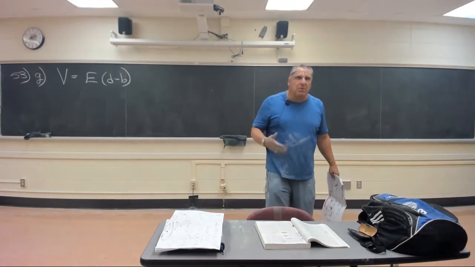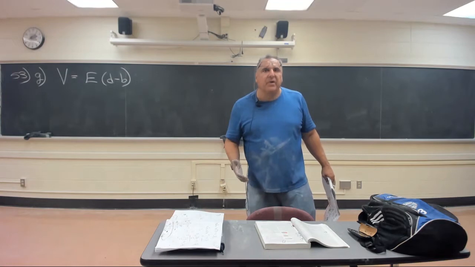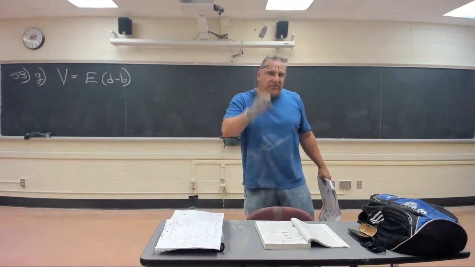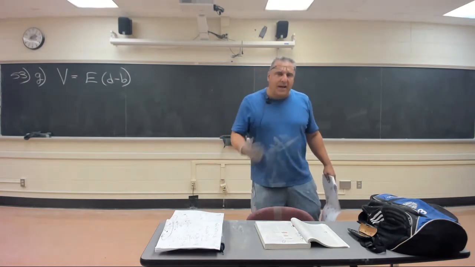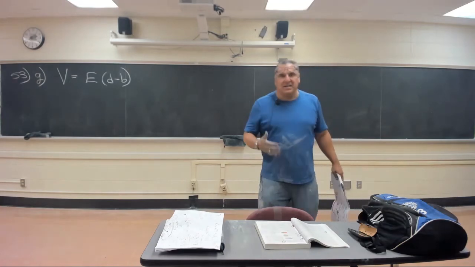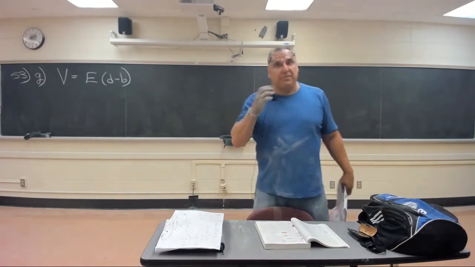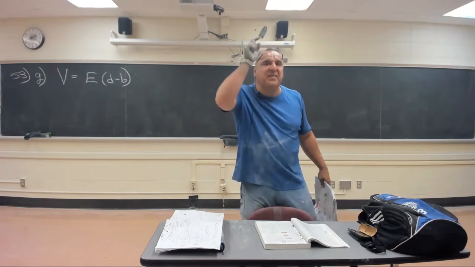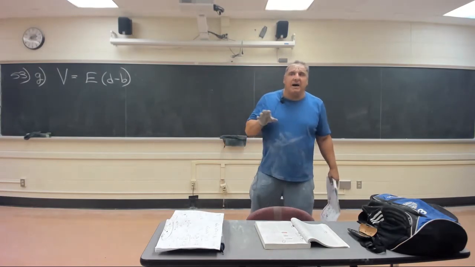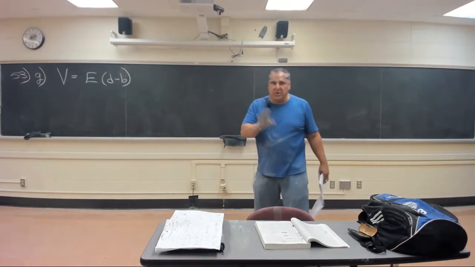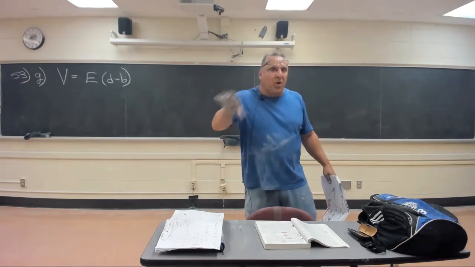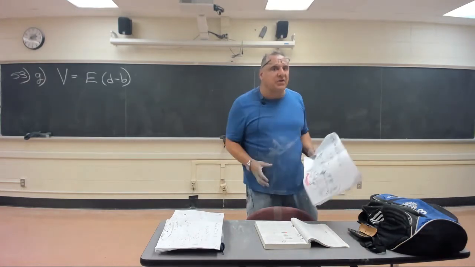I can make this a problem of finding the equivalent capacitance of two capacitors in series, or I could make this finding the equivalent capacitance of three capacitors in series, and I'm getting the exact same answer for the scenario originally presented to us, depending on where the slab is located between the two plates.